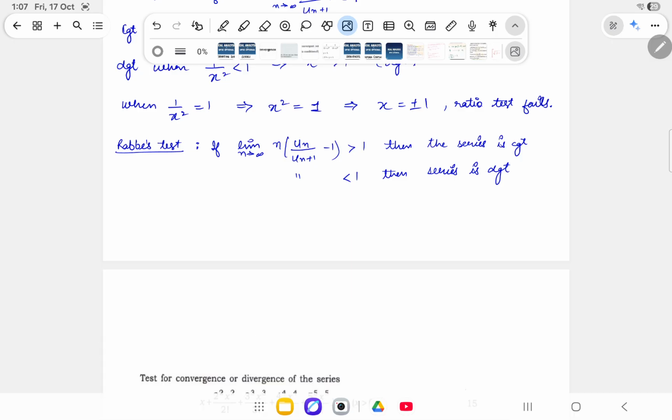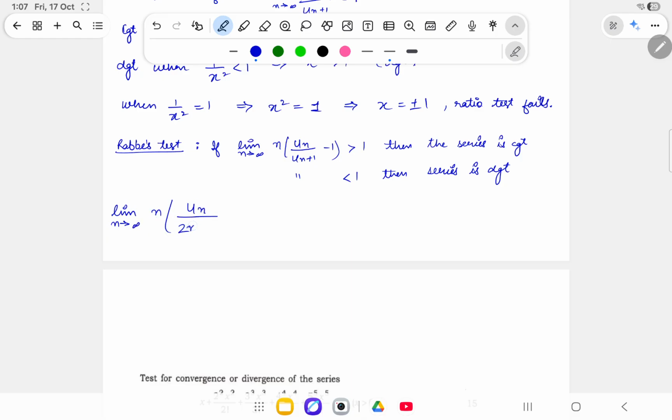So we need to calculate the limit as n approaches infinity of n times (un divided by un plus 1 minus 1). We have calculated this term previously, so let's just plug in the values. Here we are considering the case when x square is equal to 1.